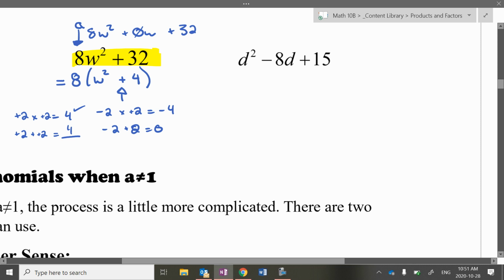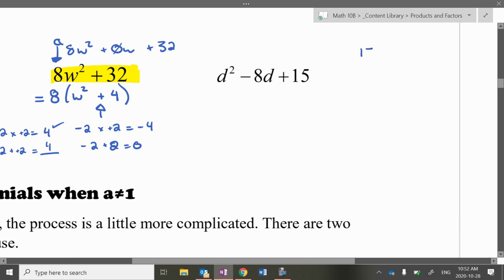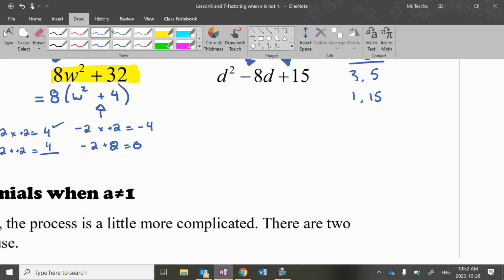Okay, last one. So let's write out our little factors again. I need multiples of 15. So 3 and 5 and 1 and 15. In this case, though, you need to pause. This is a negative sign. So what does that mean about my factors here? There's 1 negative, 1 positive, but this is a positive. So they're both negative then.